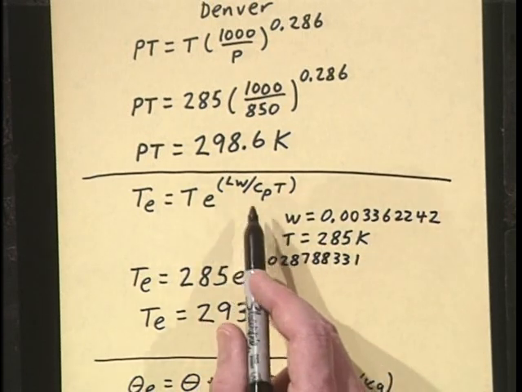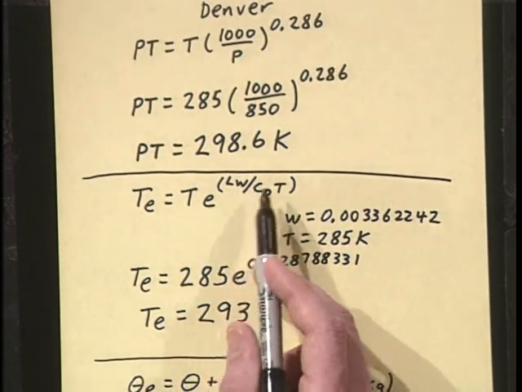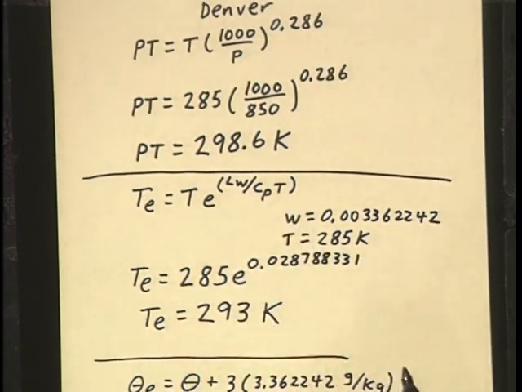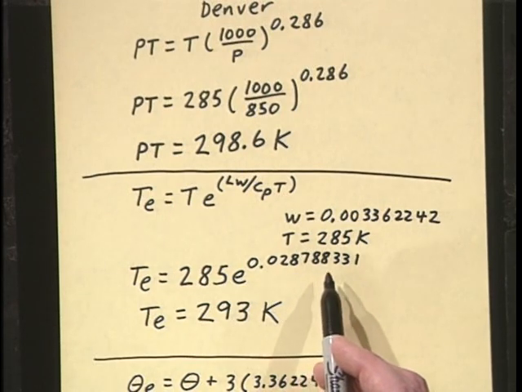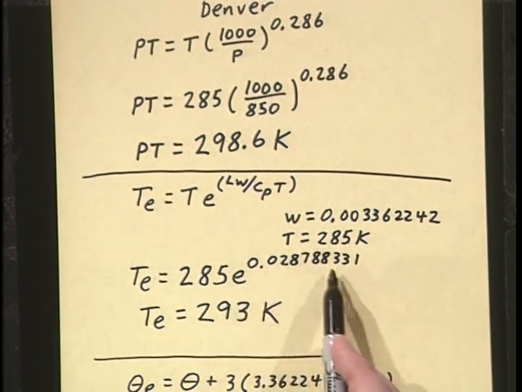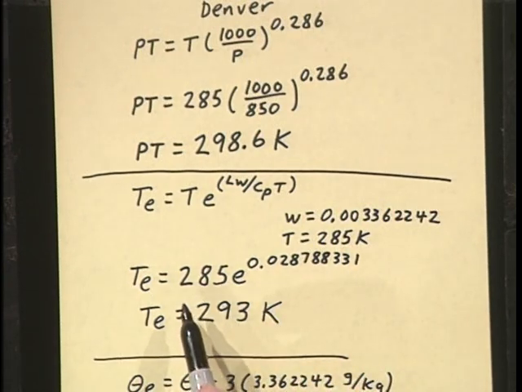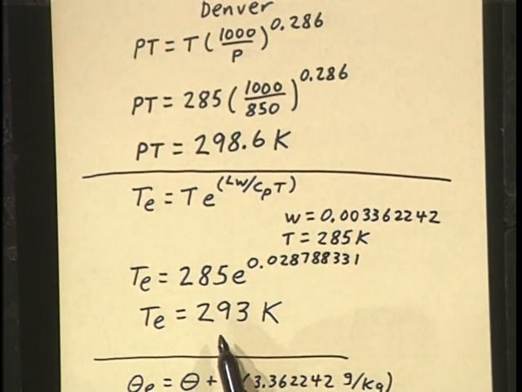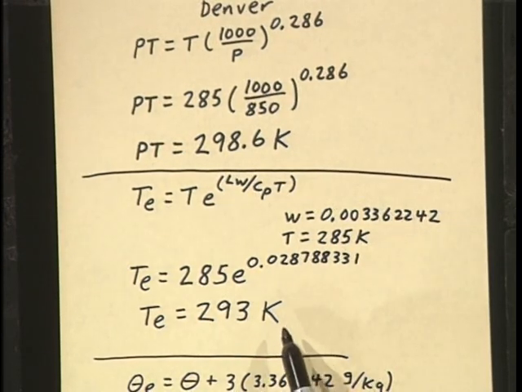And the others are constants that we looked at earlier. So multiply and divide those terms out, and you'll get 0.028788331. Take the exponent of that number and multiply by 285, and you'll end up with 293 Kelvin for the equivalent temperature.